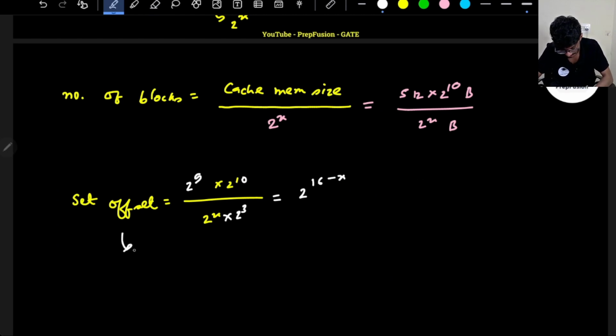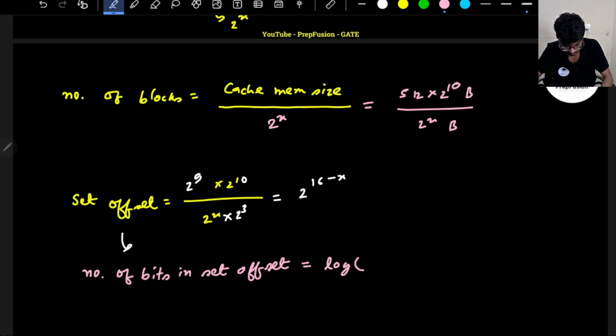So the number of bits in the set offset will be equal to log of 2 raised to power 16 minus x, which is 16 minus x.